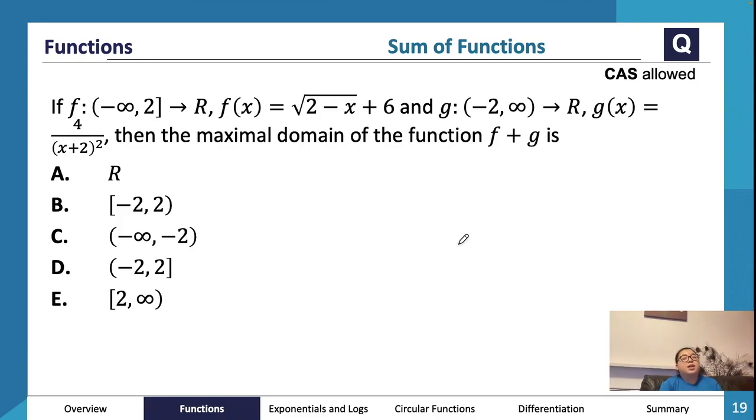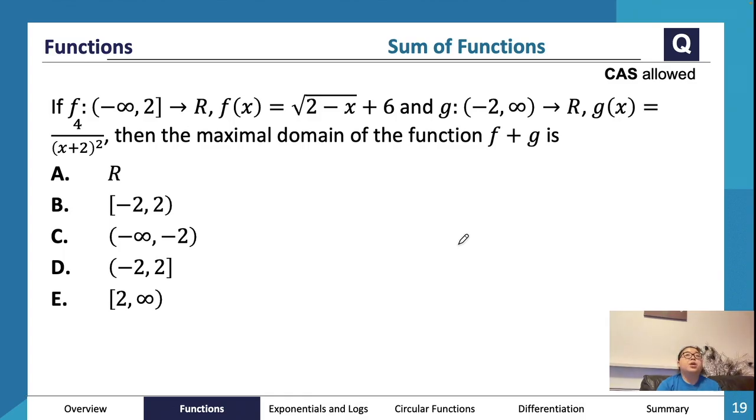Okay, now let's talk about a question on this. Alright, let's talk about questions. So we have f of x and g of x, and we are trying to find the maximal domain of the sum of the two functions.